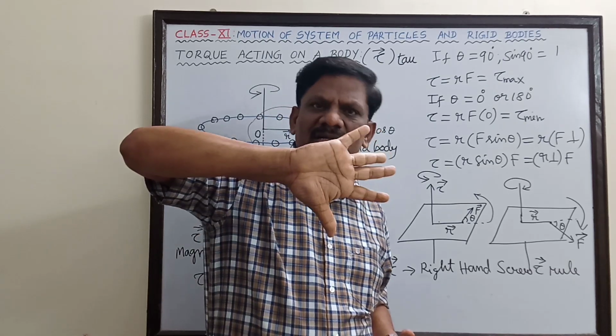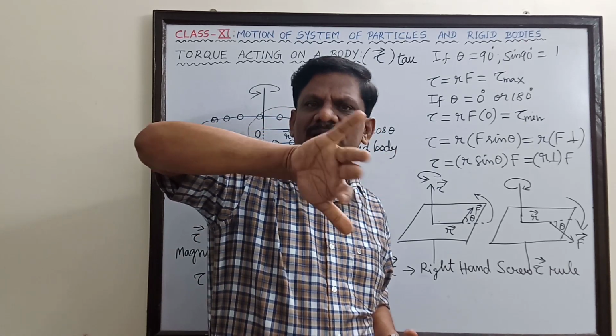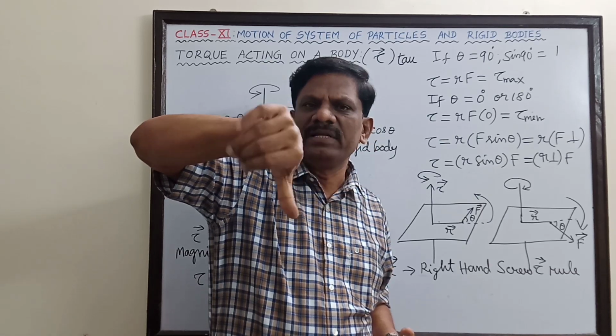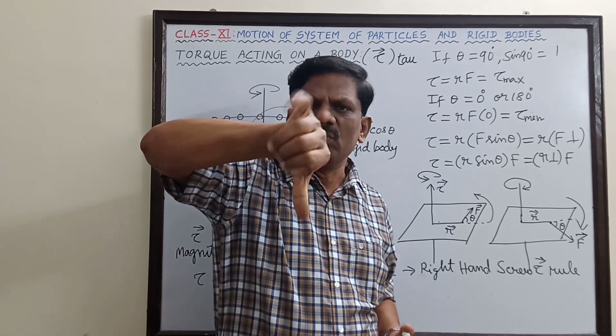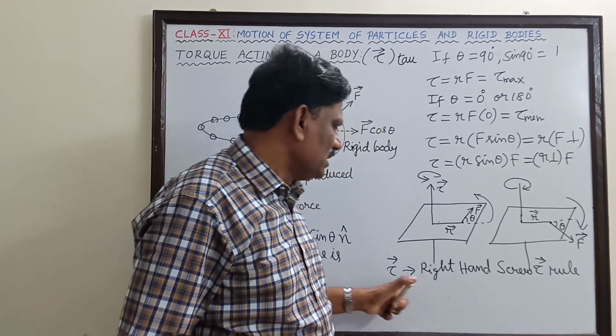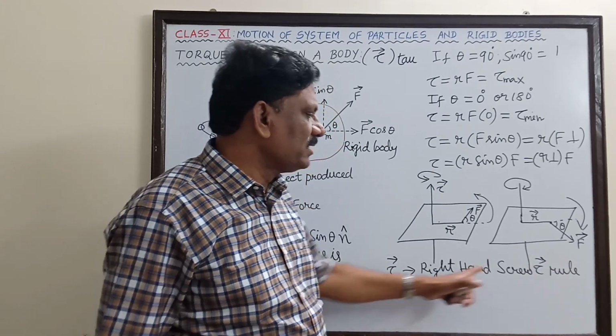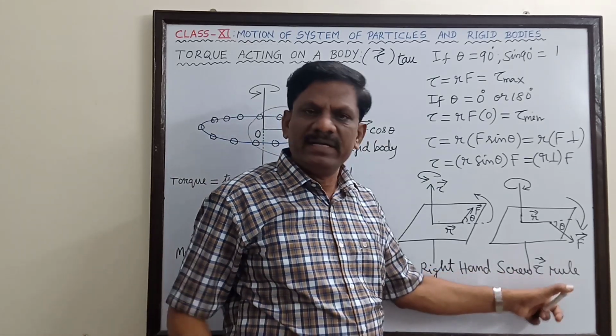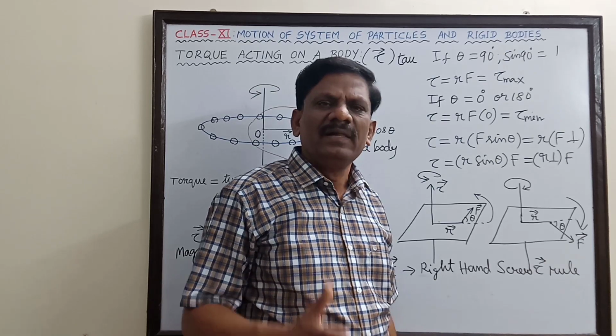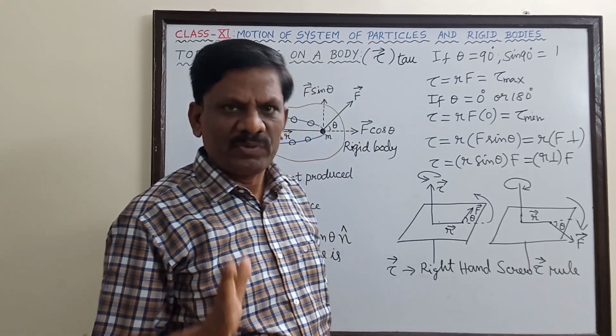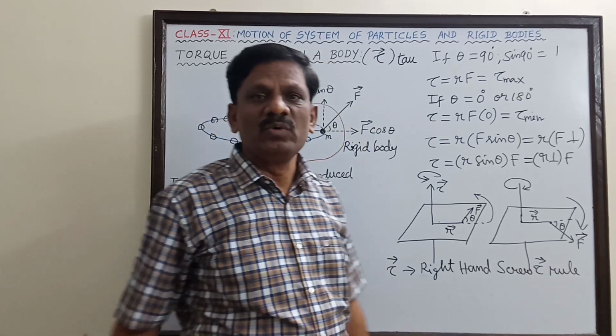Similarly, reverse it: when the four fingers are turned in the clockwise direction, you can see the thumb is in the downward direction. So this is the rule called the right hand screw rule to determine the direction of the vector, namely torque. Okay students, I hope you have understood well. Fine.